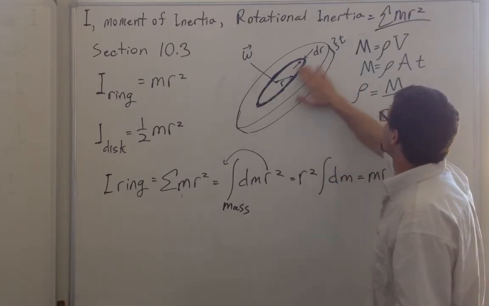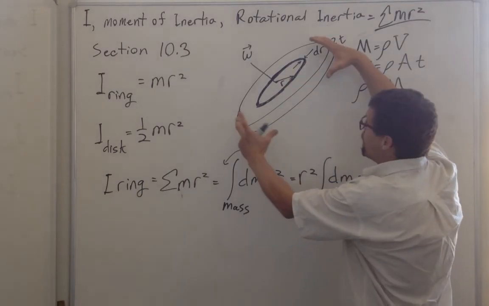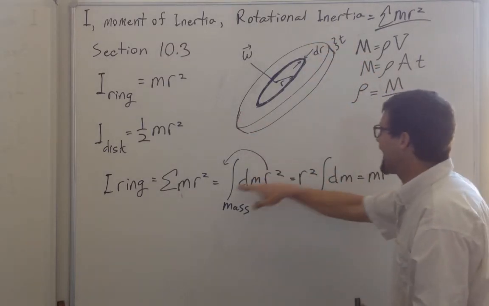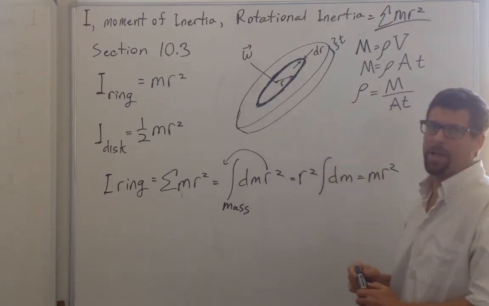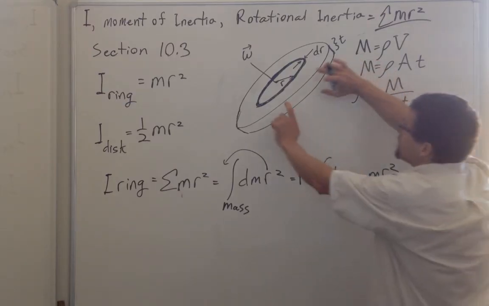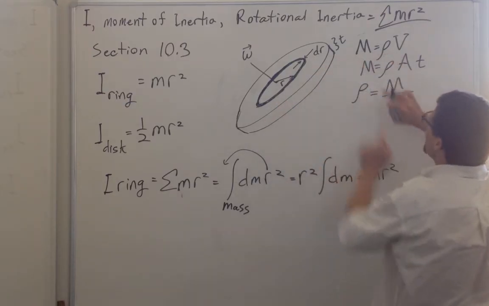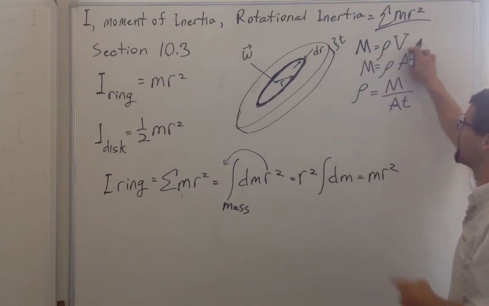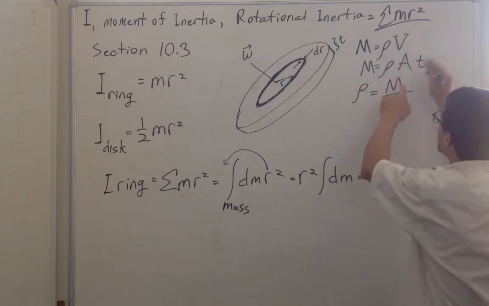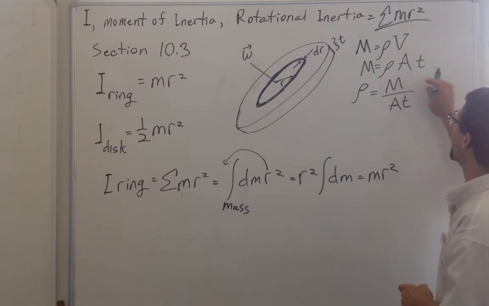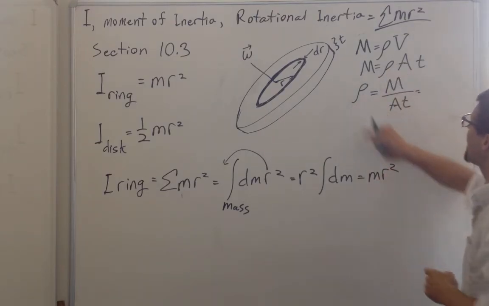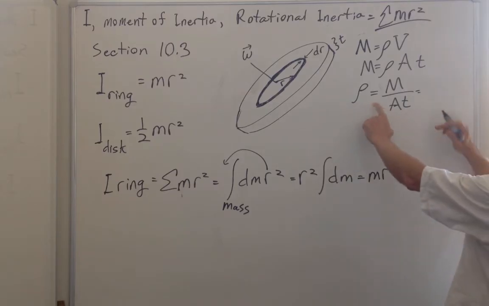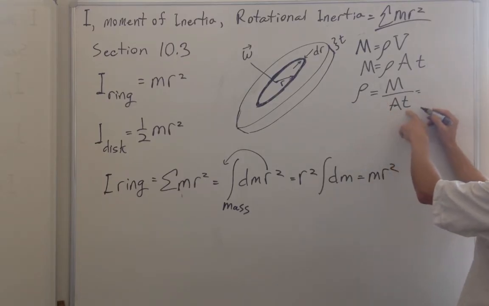So when we have the mass distributed out at different radii for a disk, then we can't do this. This won't collapse. So we have to go in and look at all the different radii. And so I set this up. Let's take a disk of mass m. The mass is equal to the density times the volume of the disk. And the volume is the area times the thickness. So now I can solve for the density. The density is just equal to the mass divided by the area times the thickness.